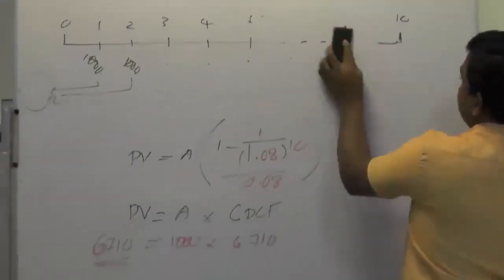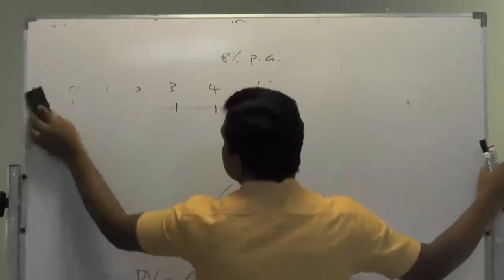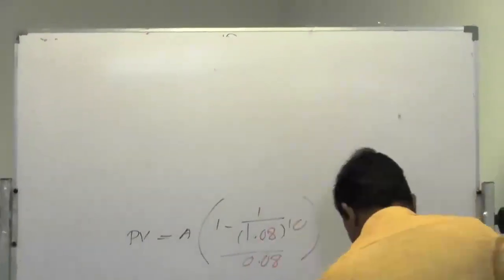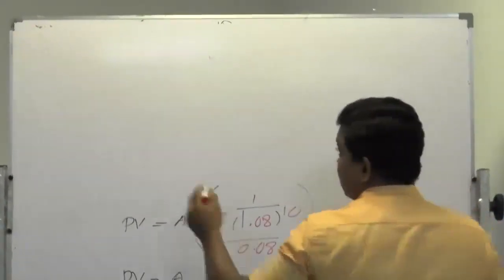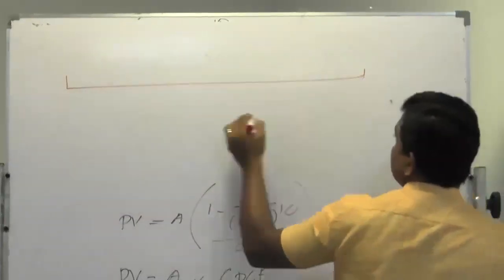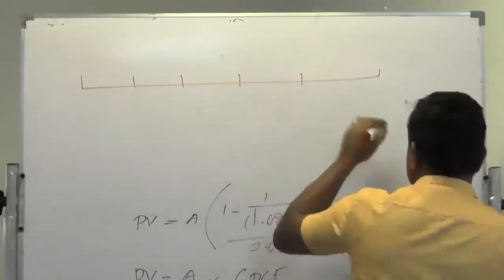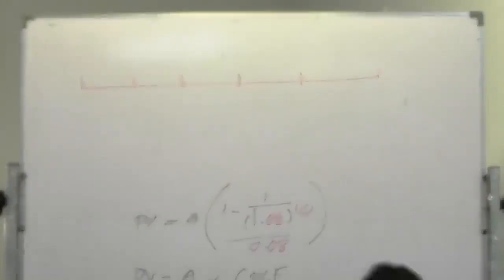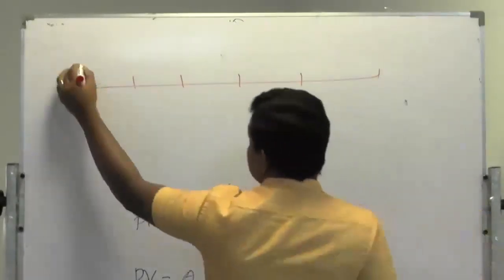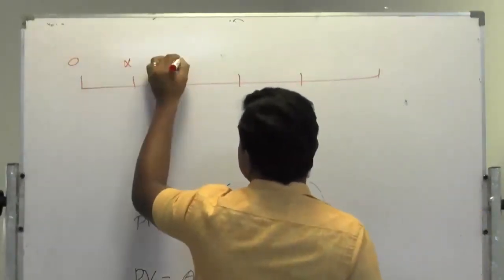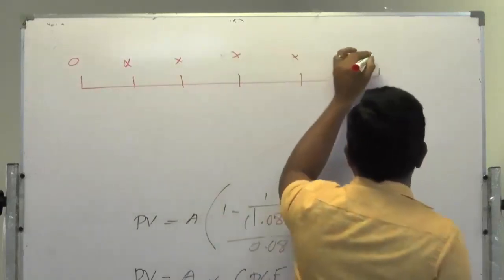Now the same story, but this will be for 5 years, right? You have purchased an asset on a lease basis. You will pay installments here. These are the installments you will pay.